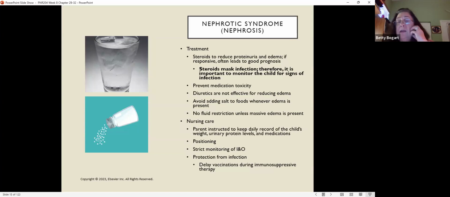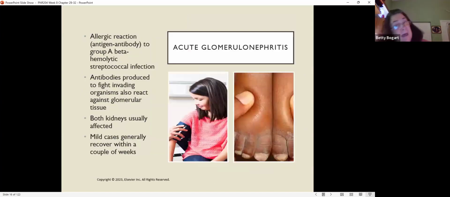They also need strict intake and output, and some of the immunizations, like live vaccines: during times in their nephrotic syndrome when their T cells are lower and they're more apt, they're not going to give live vaccines. Usually, with the families, it doesn't matter.